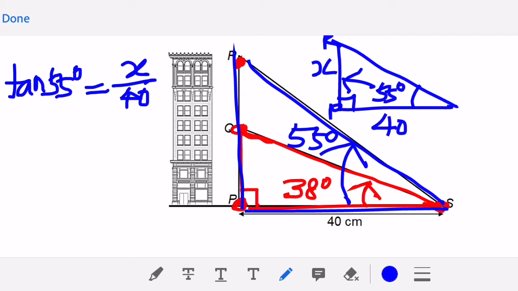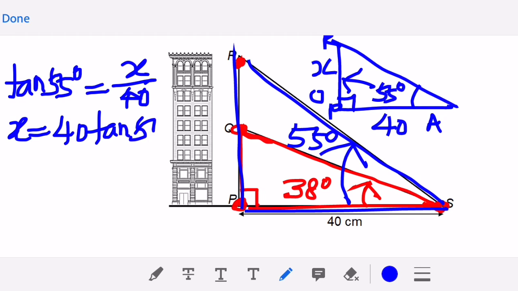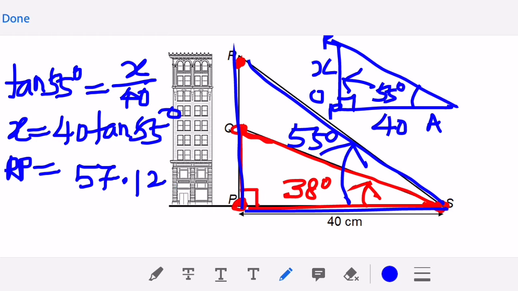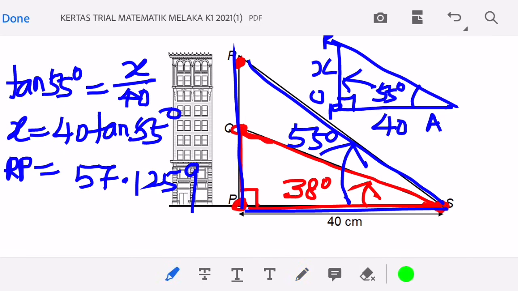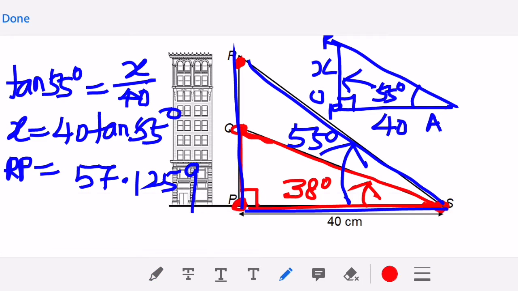So X is 40 tangent 55 degrees. This X is RP. Press the calculator, 40 times tangent 55, and you will get 57.1259.